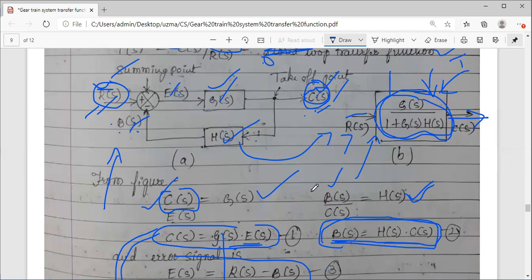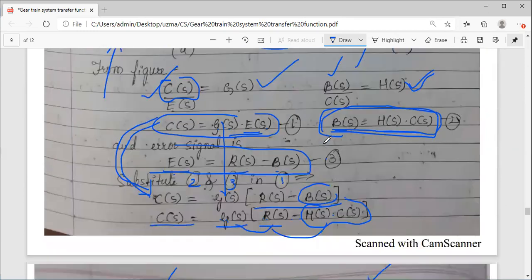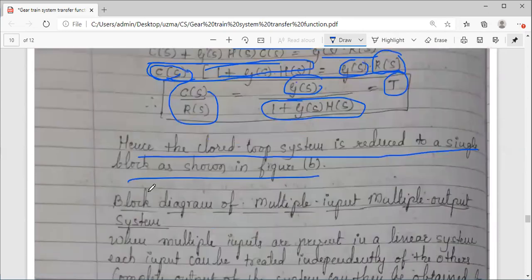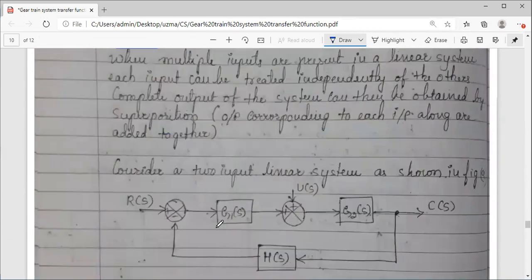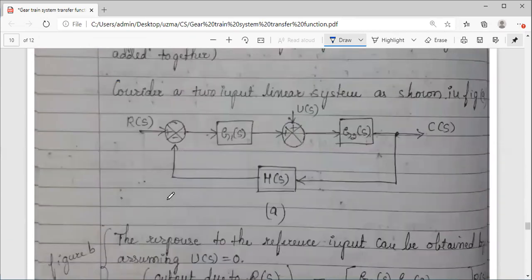It will have many inputs and many outputs. So for such a system, how to find the transfer function is a question. So let us find the block diagram of multiple input, multiple output system. Okay, we will look into this and we will then go for block reduction technique, that is algebra, in the next session.